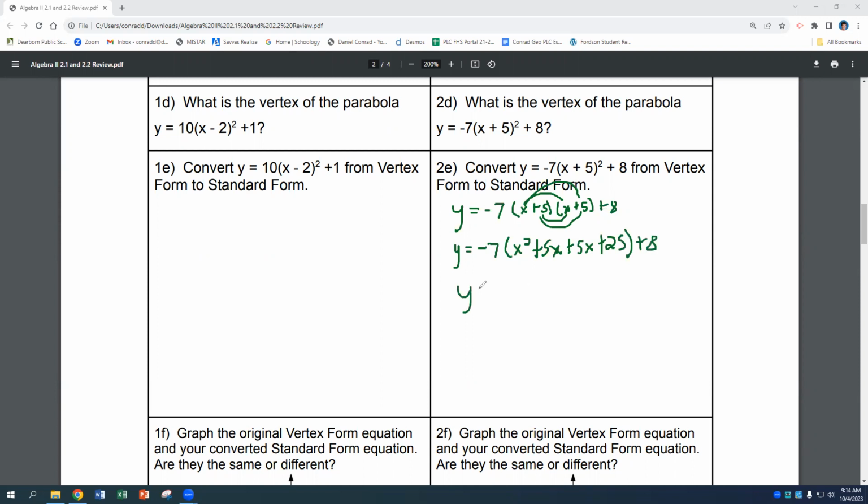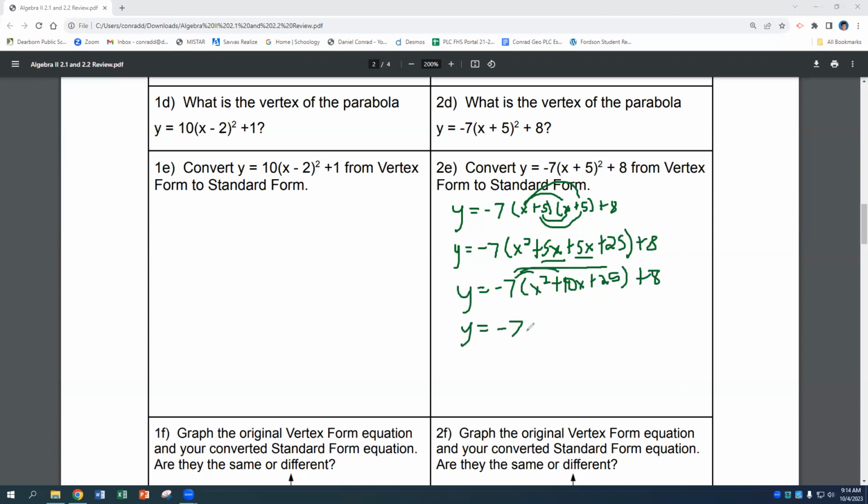Okay, I'm going to combine like terms in my parentheses first. So I have x squared plus 10x plus 25 plus 8. Okay, and now I can distribute my -7 to each of those terms in the parentheses.